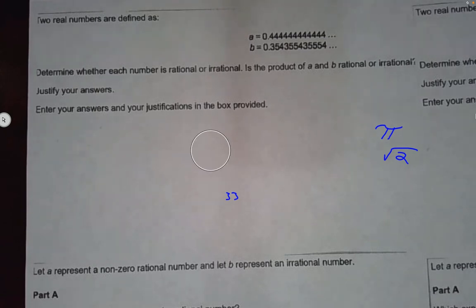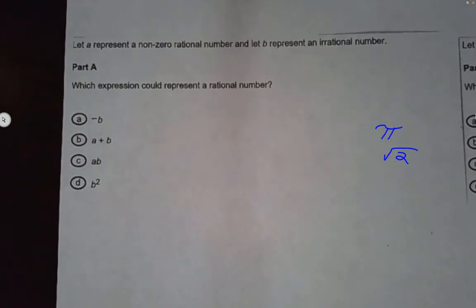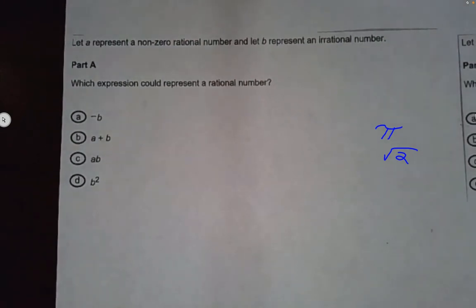Then I'm going to move it up some. You have another one that says, A is a non-zero rational number, and B is an irrational number.